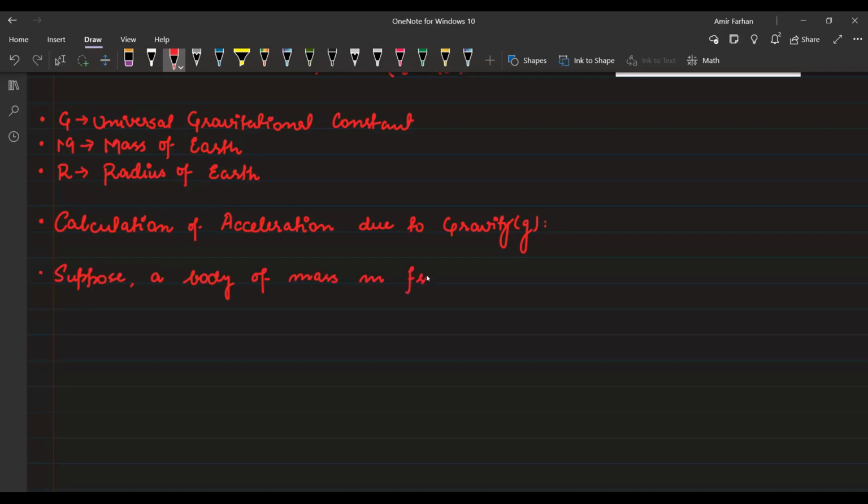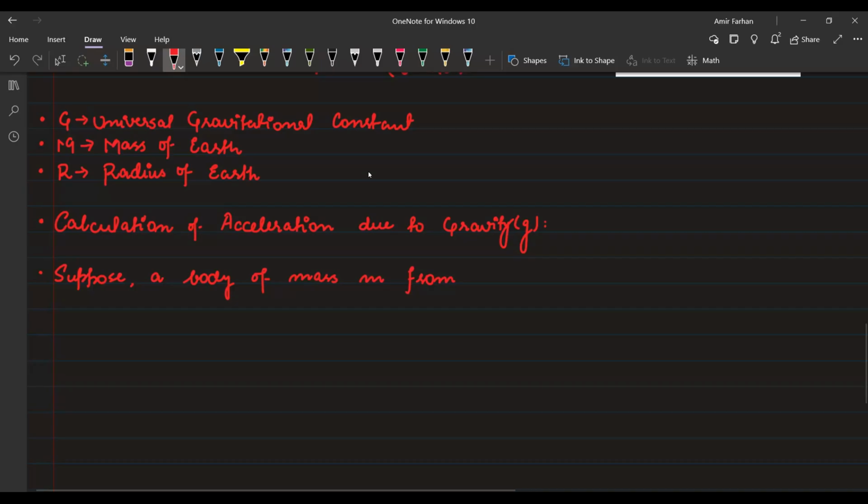From a distance r. Whenever you derive any equation, you have to write all the things: what variables you are taking, what is small m, what is capital R, what is capital M. You have to define them first so that the teacher can understand that the student knows this and has explained whatever they are doing in the question, right everyone?